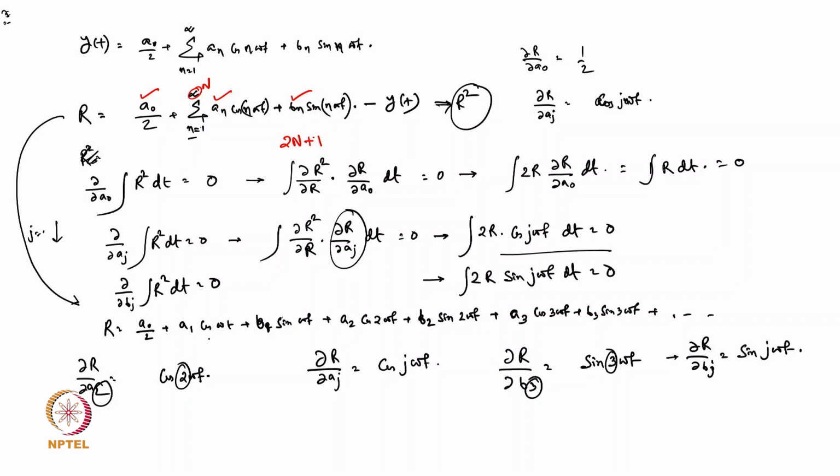N is actually denoting the full summation series. If I again put n, we will get confused. You understand? Because n is always varying from 1 to capital L, whatever terms we are considering.